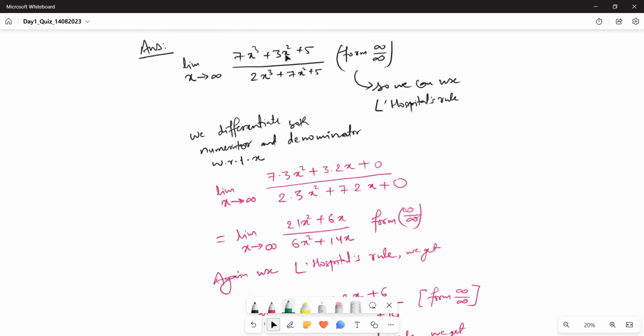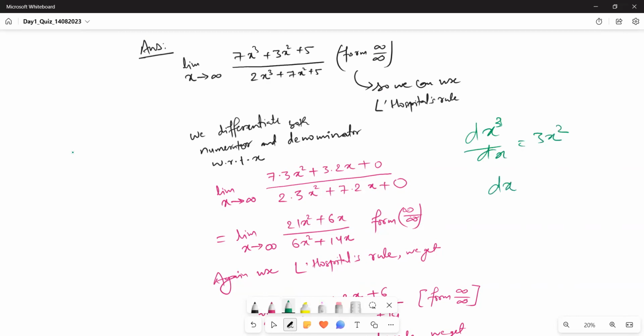When you differentiate this whole polynomial, 7 is a constant, so it will be 7 itself. And when you differentiate x cube with respect to x, what will you get? 3x square, right?